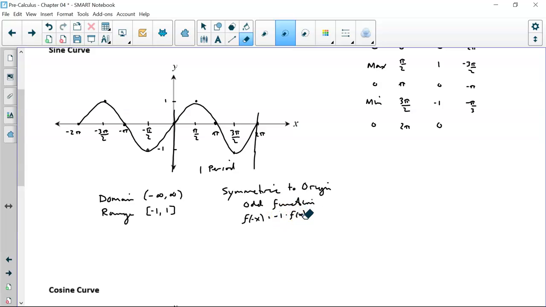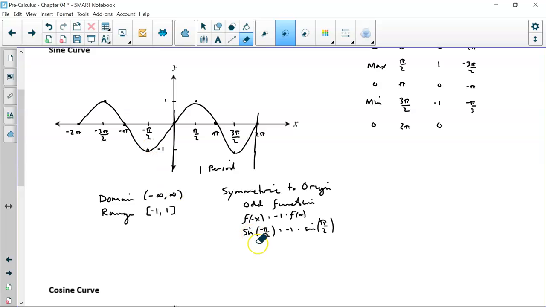So what that means is that the sine of negative pi over 2 equals negative 1 times the sine of pi over 2. And if you look at the graph, the sine of pi over 2 is 1. The sine of negative pi over 2 is negative 1.